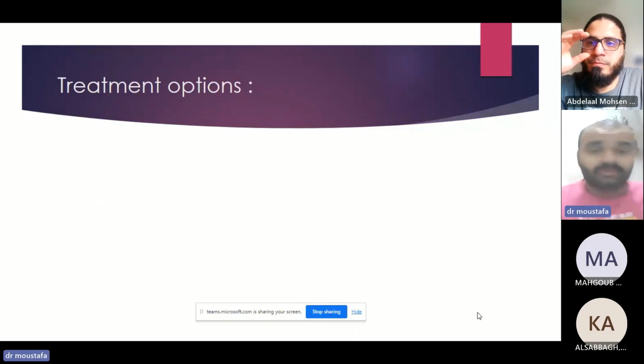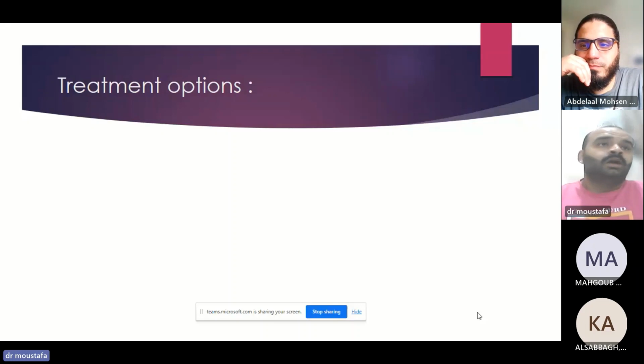Treatment options. Okay, as we said before, we already discussed the definition, the types, the symptoms. So we have different types, and of course we have different treatment options, all right? But let's not shortcut, let's not just say it is treatment.